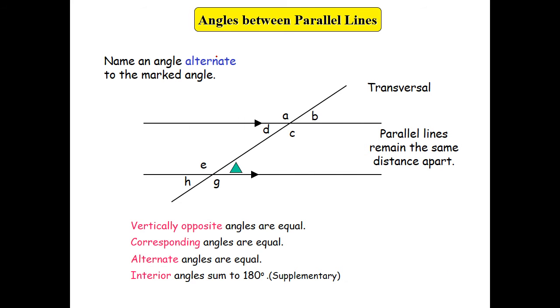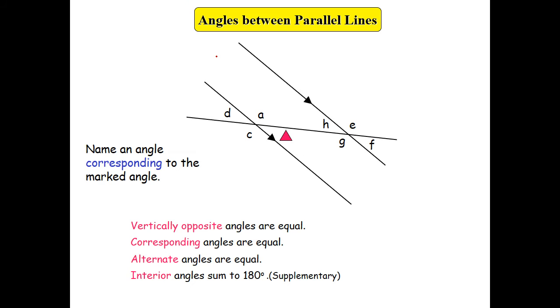Next. Angle D. Good. Alternate. What about this? Angle D. Good. Next. Angle C. Good. Next. Corresponding. Angle F. Good. Next. Angle B. Right.